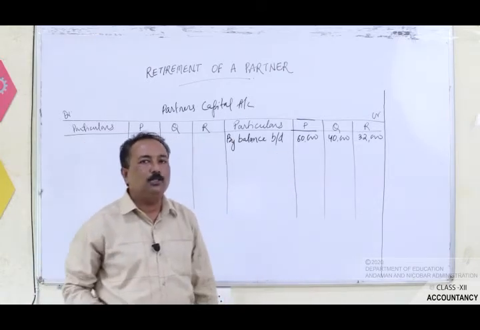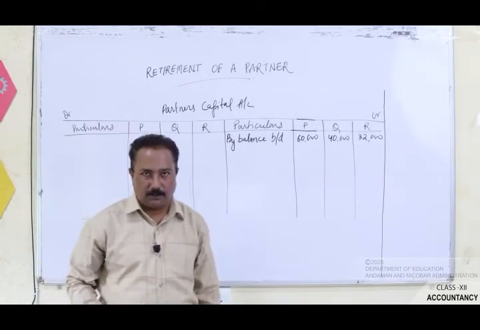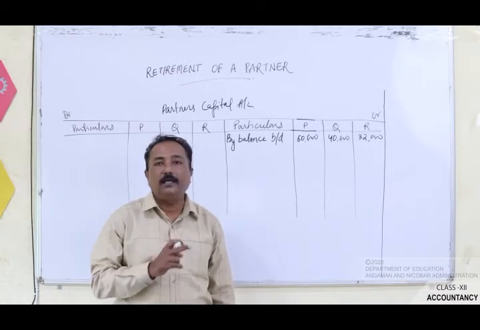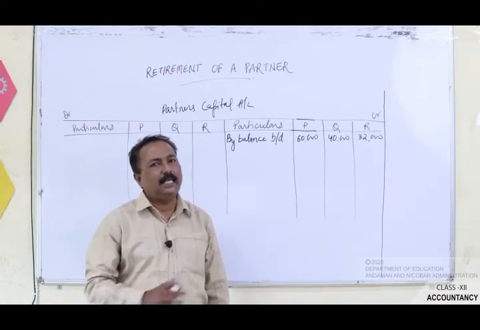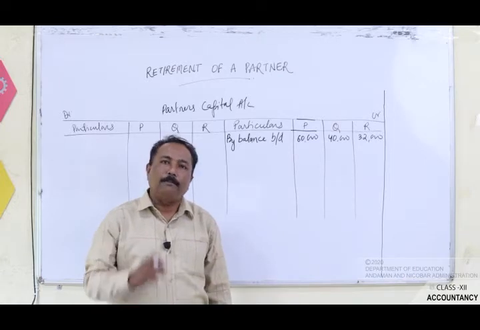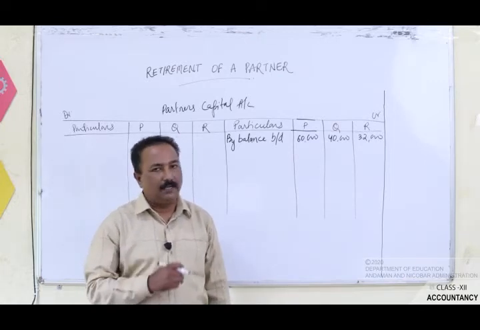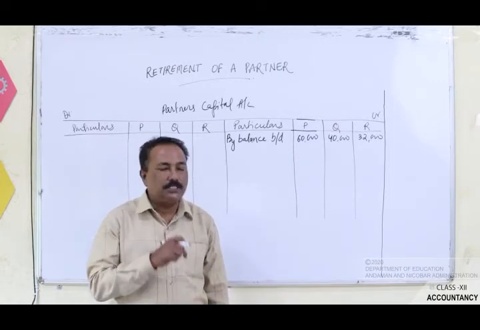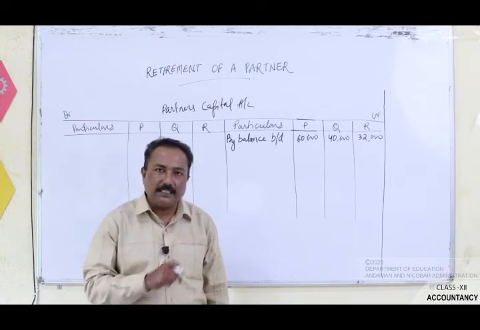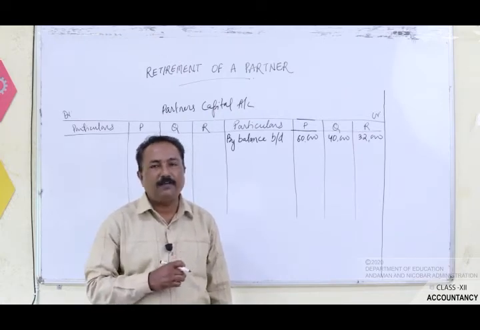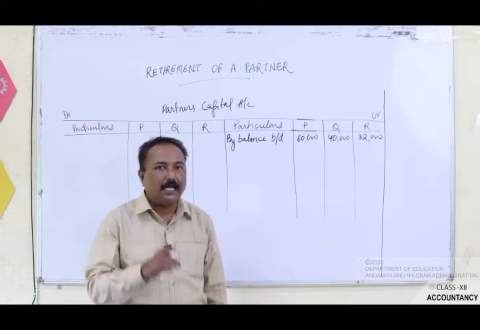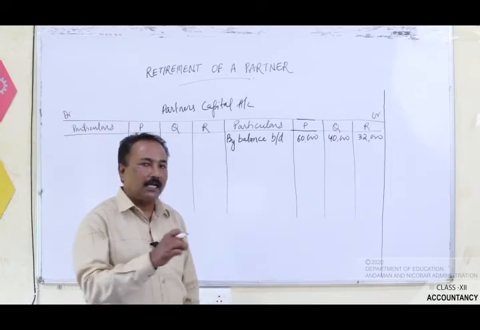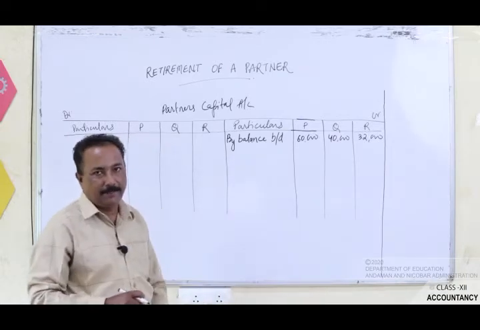Now, let us pass on to the next item that has to be recorded. As I told you earlier also, the very next thing that has to be recorded is the profit or loss from the revaluation. In this question, we have seen that there was a profit on the revaluation. Now, let us record that profit on the revaluation in the partners' capital account.